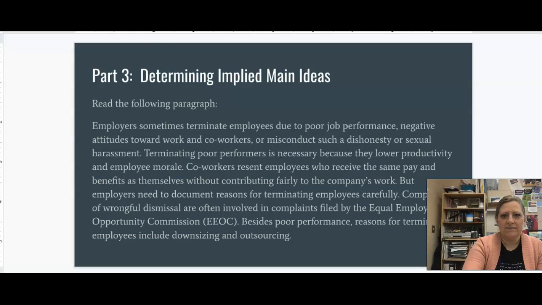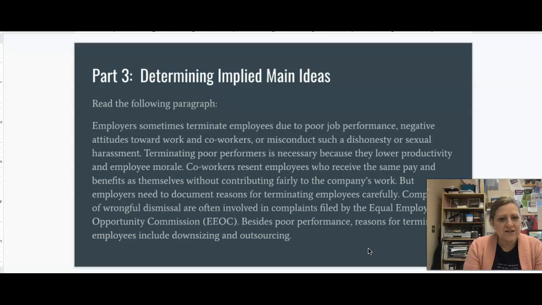The last one. Employers sometimes terminate employees due to poor job performance, negative attitude towards work and coworkers, or misconduct, such as dishonesty or sexual harassment. Terminating poor performers is necessary because they lower productivity and employee morale. Good workers resent employees who receive the same pay and benefits as themselves without contributing fairly to the company's work.